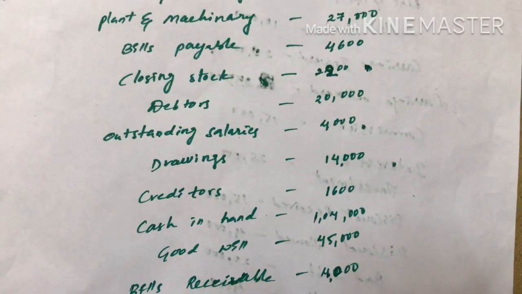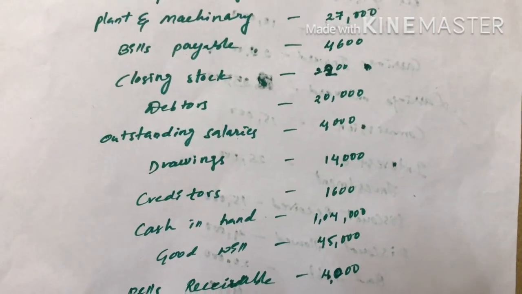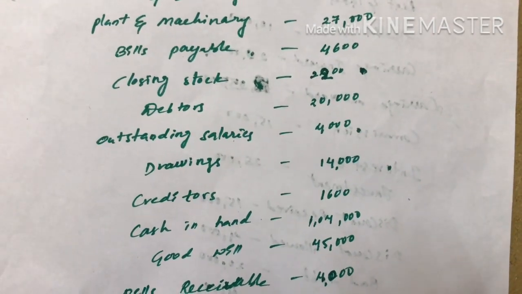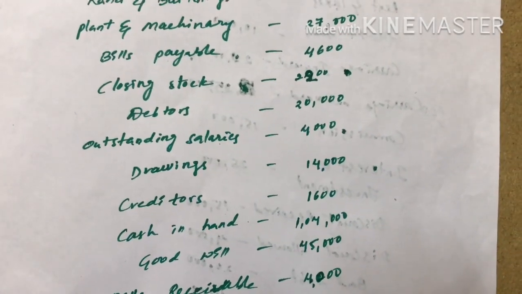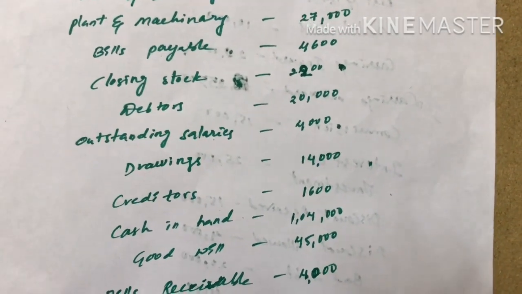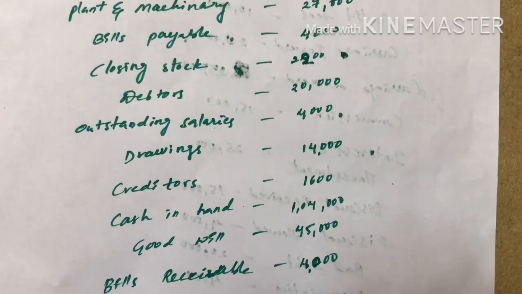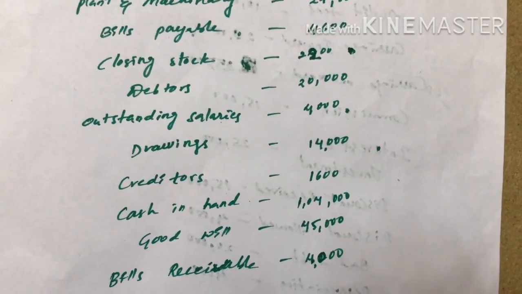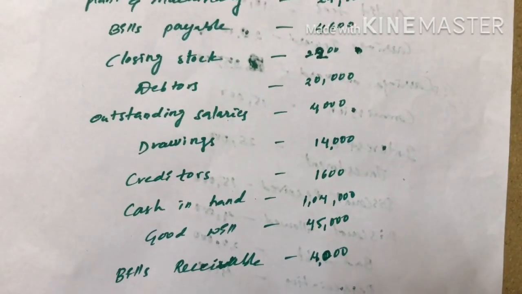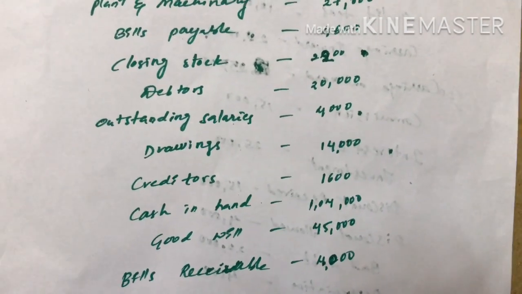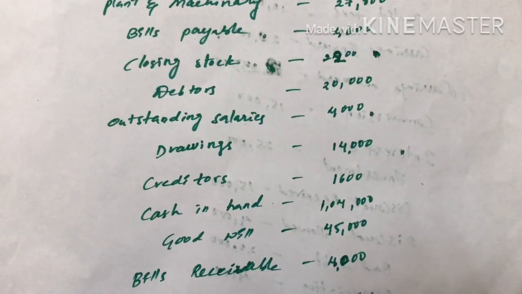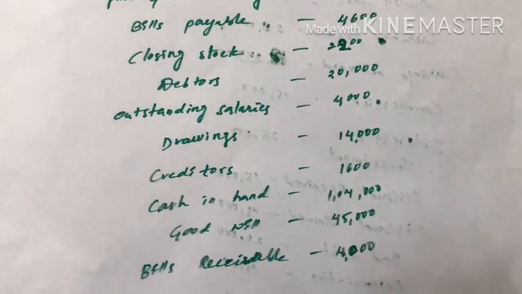You can compare to the other sheets, like a trading account or a profit and loss account. In the profit and loss account, what you write on the debit side, what you write on the credit side, what the direct expenses are, all these things you can remember. Similarly in the balance sheet, we consider what is written on the liability side and what is written on the asset side.